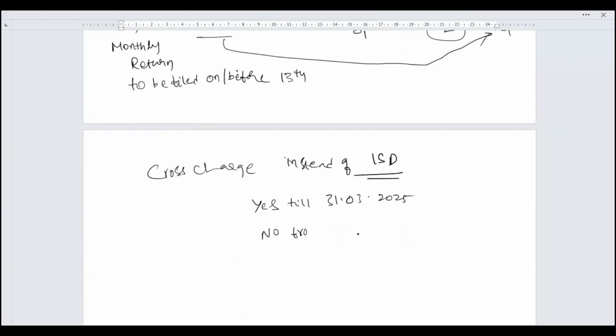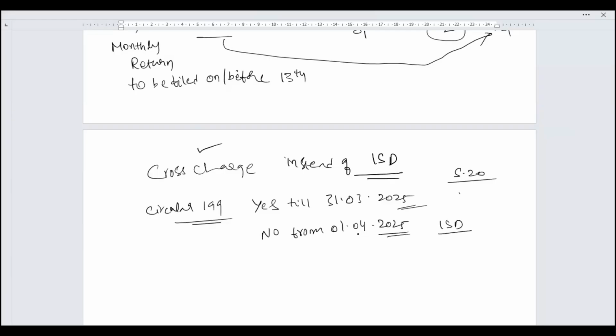From 1st April 2025, no. ISD was optional. There is Circular 199 where they say, because this Section 20 is not compulsory, till 31st March 2025, cross charge was allowed. But from 1st April 2025, ISD is mandatory.